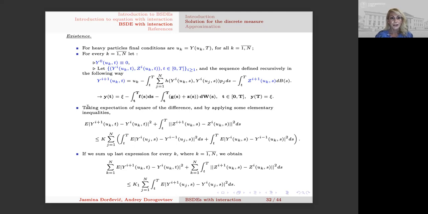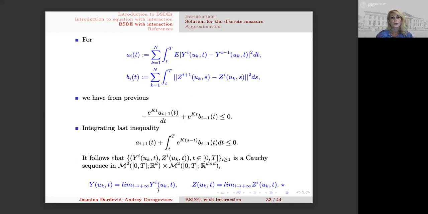And then, in order to prove that this converges, let us take expectations of the difference, similar to the uniqueness part, and then apply some elementary inequalities, summing up all of those inequalities over k going from 1 to n, because we have a case of n particles. We have this inequality in the last 2 lines, which we want to estimate further.